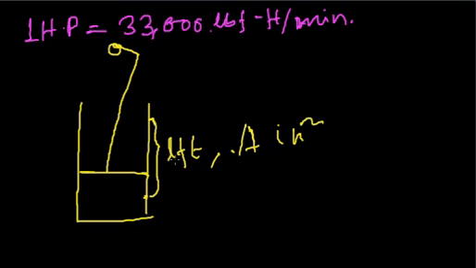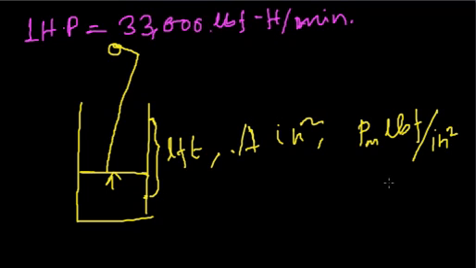So please notice I am taking this distance in feet, but its area in inches. And average pressure on the piston is, let us say, pm, pound force per inch square.